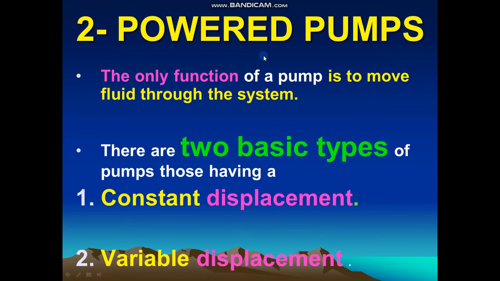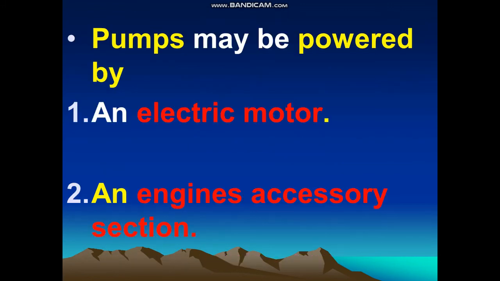Powered pumps. The only function of a pump is to move fluid through the system. There are two basic types of pumps, those having a constant displacement or variable displacement. Pumps may be powered by an electric motor or an engine accessory section.